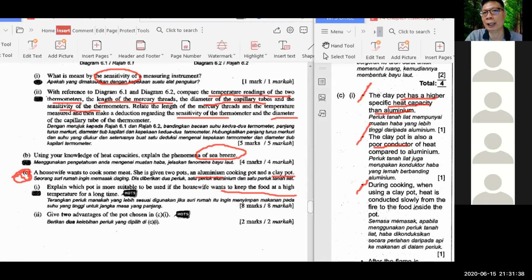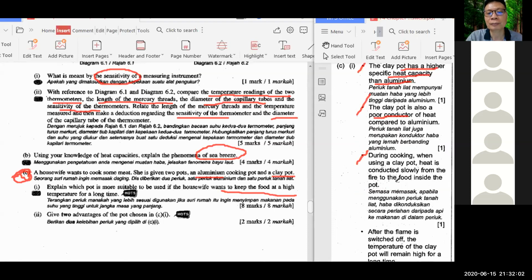This can ensure the cooking is uniform. If the heat conducts too fast, it is not good, and the food can be unevenly cooked. So you want even cooking, right? Heat must conduct slowly into the food, which is better. Got it? All right, next.